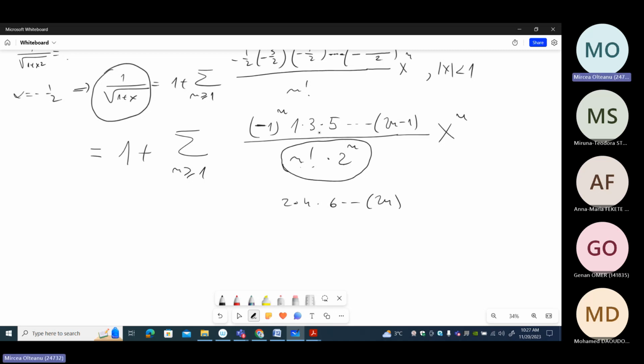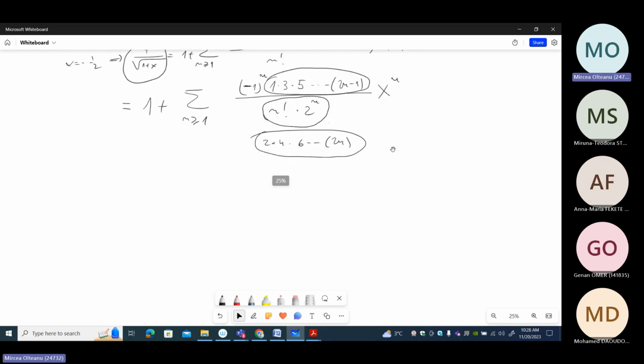So above you have the product of the first n odd numbers, and below you have the product of the first n even numbers. You can leave it as it is, or you can put it in this form. Doesn't matter.